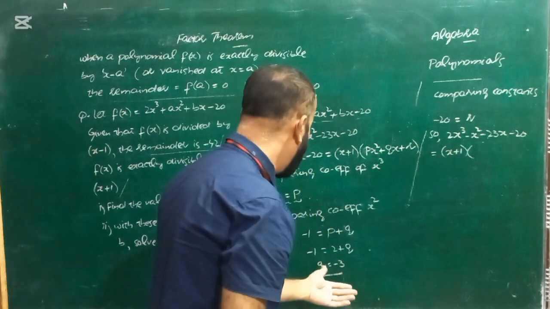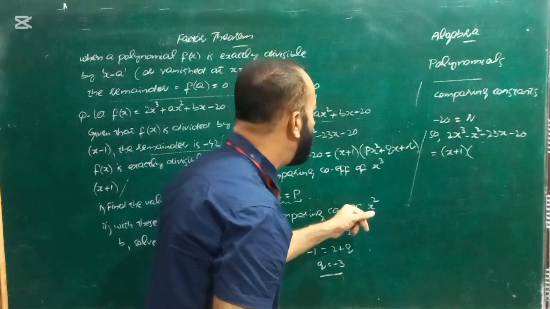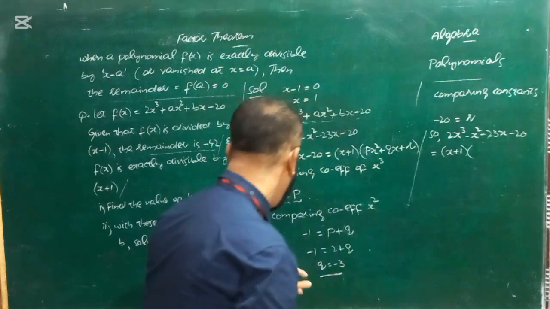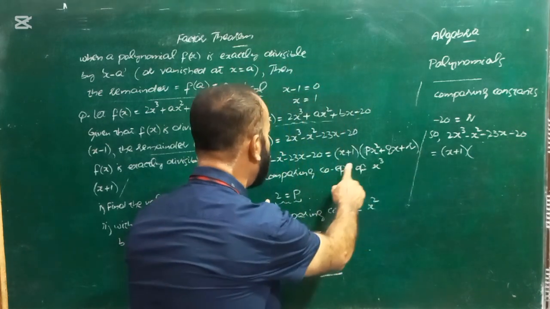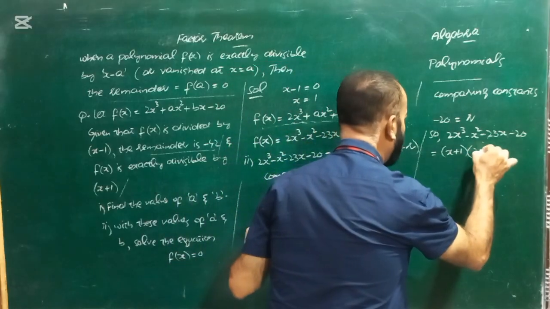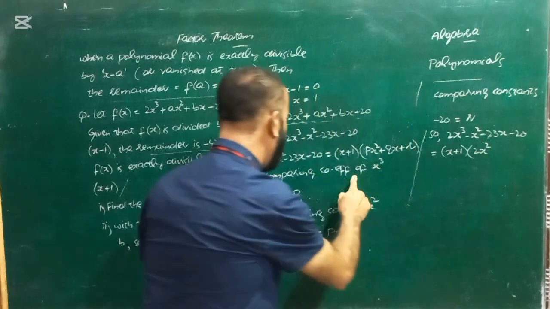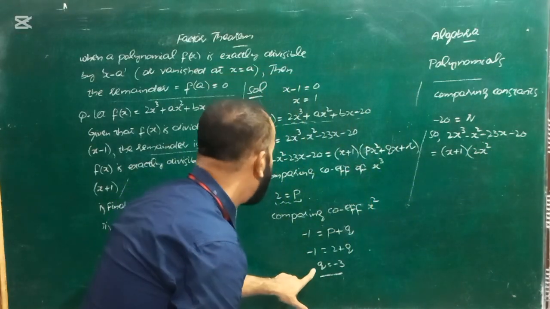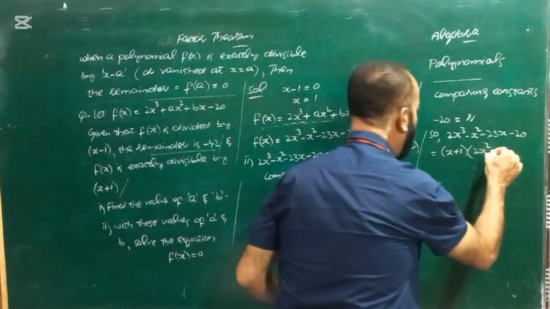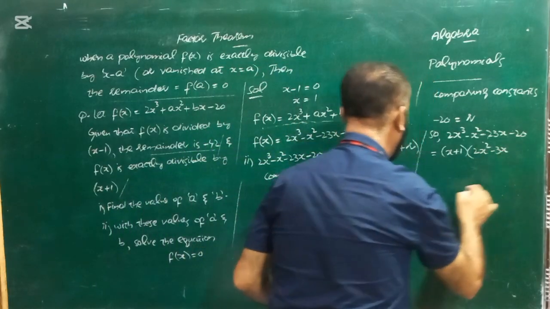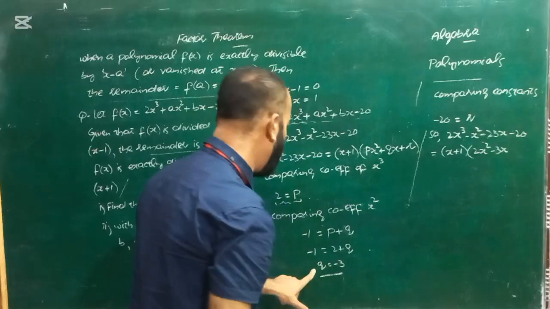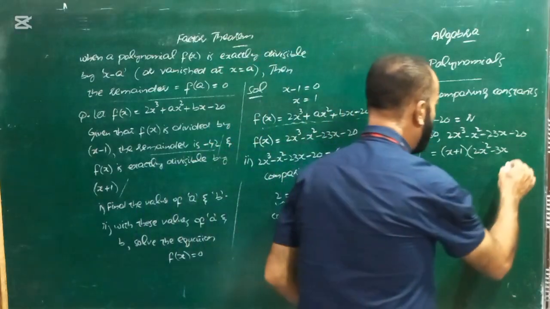Now we are going to put the values of P, Q, R into it. So P is 2, so 2x square. Q is minus 3, so minus 3x, and plus R, and R's value is minus 20.